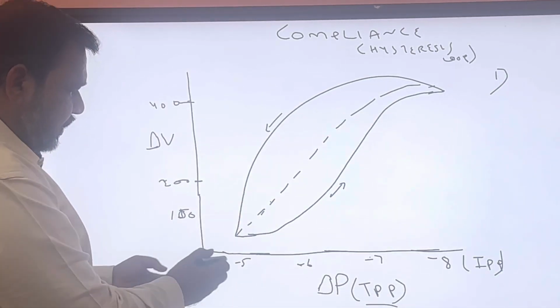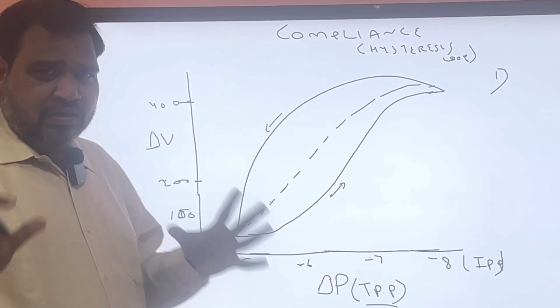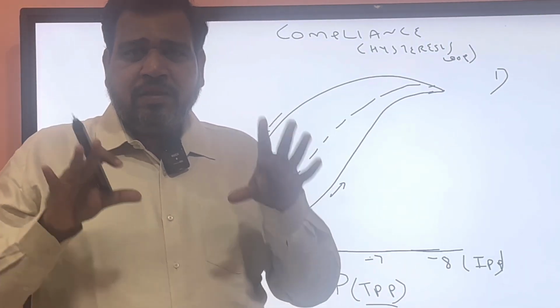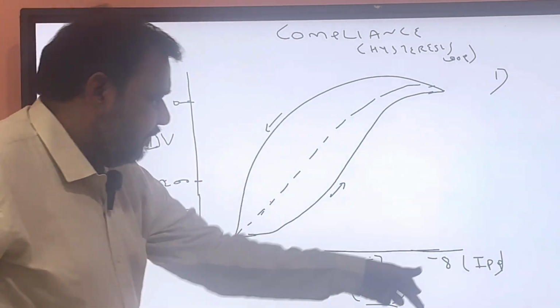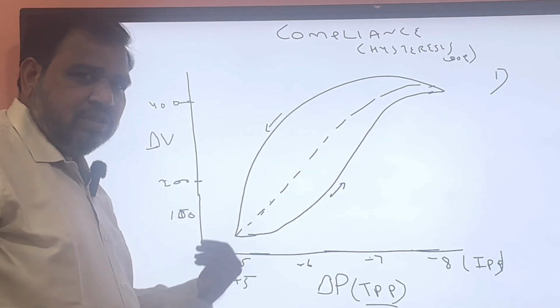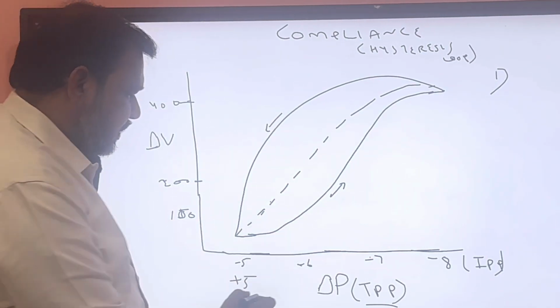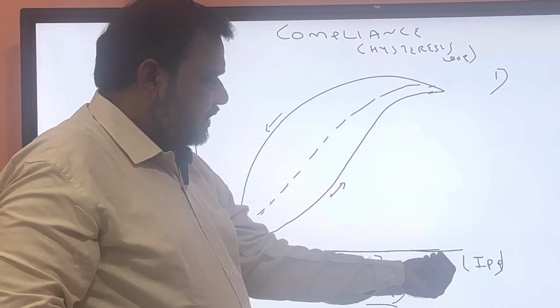At rest, intrapleural pressure is -5, at rest alveolar pressure is 0. Intrapleural pressure is always negative even at rest, which is -5. So, if I put transpulmonary pressure, it will be +5, 0 minus -5 is +5. -6 I have to calculate, -8 at the end of maximum inspiration.